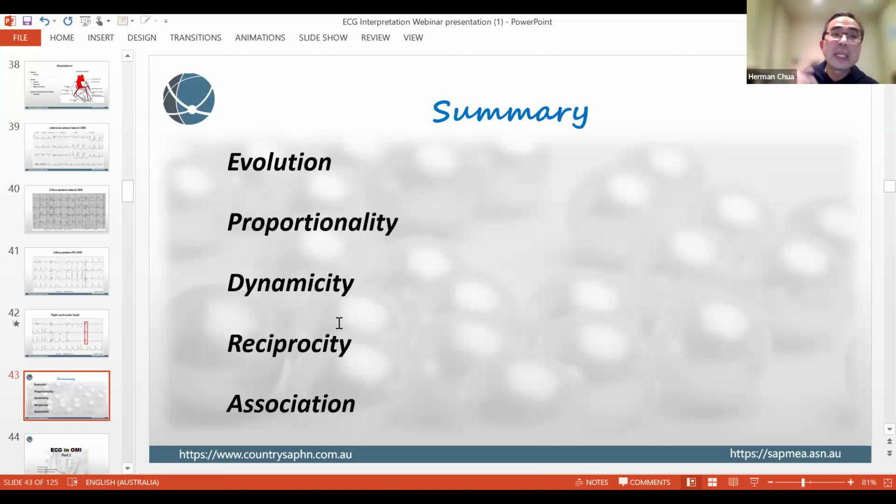And sometimes the lead with ST elevation is not as obvious, but the reciprocal leads are more obvious. And we will look at some examples of that. And lastly, the concept of association, where certain myocardial infarction in certain regions are associated with myocardial infarctions of certain regions. Okay, for example, anterolateral sort of myocardial infarct.